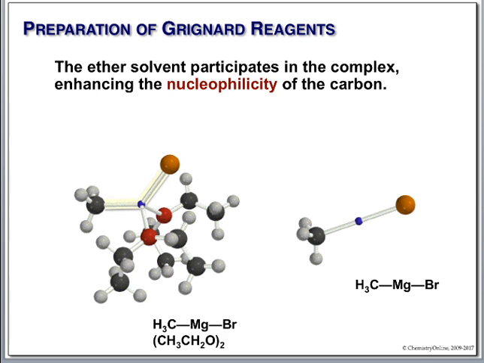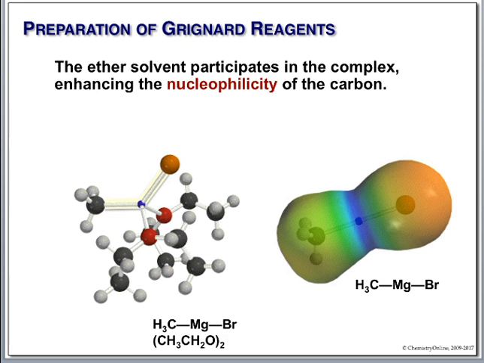We can look at here's our methyl magnesium bromide. We can look at the electrostatic potential maps. Here's our methyl group. Here's our bromine. This is kind of a pale, ugly army green, right? If we want a carbanion, we want much more red.